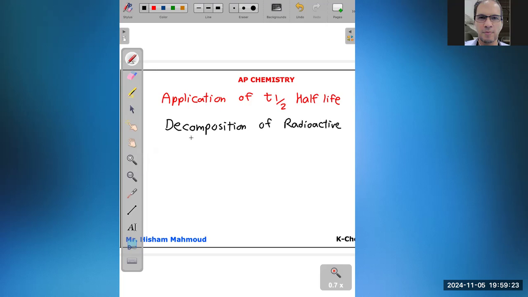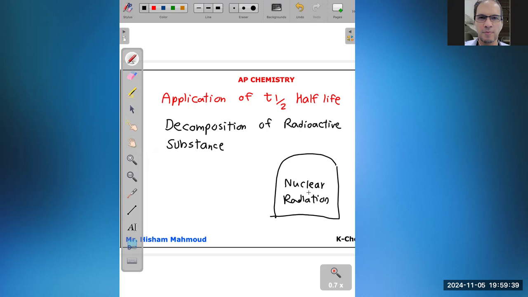For example, I have gone to a place where a nuclear reaction or a nuclear disaster has happened, and I need to know when the radiation coming out due to the presence of a nuclear substance is going to finish, when this place will be safe again. So I need to know how many T halves or how many half-lives this substance will take until the radiation stops coming out of it. Because this substance decomposes or breaks down.